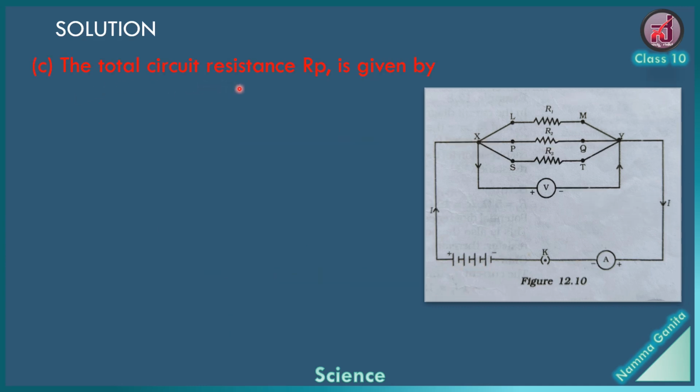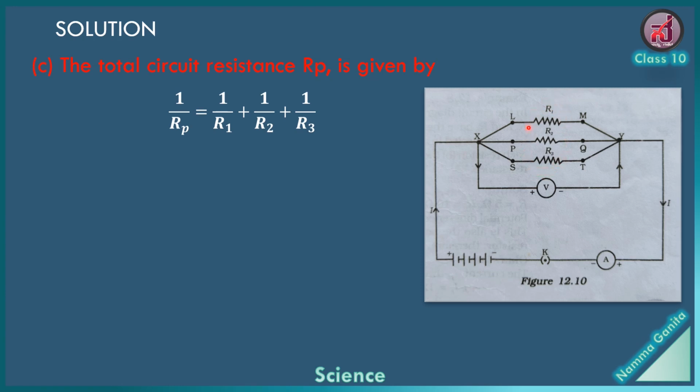C. The total circuit resistance Rp is given by 1 by Rp is equal to 1 by R1 plus 1 by R2 plus 1 by R3. Here the resistors R1, R2 and R3 are connected in parallel.